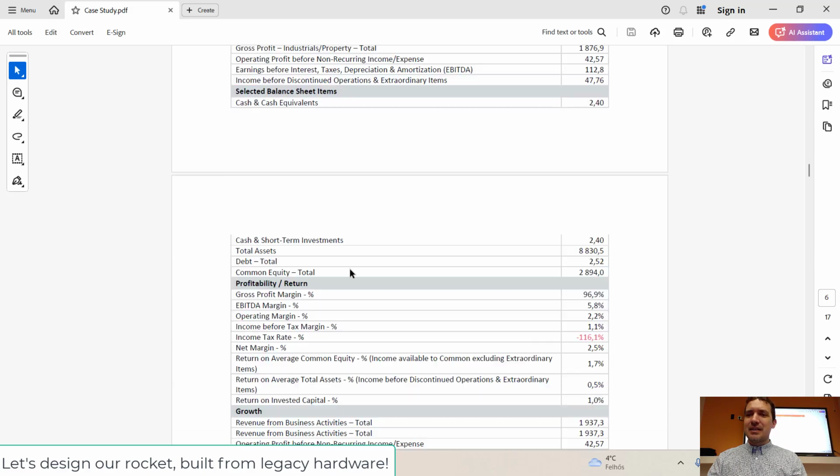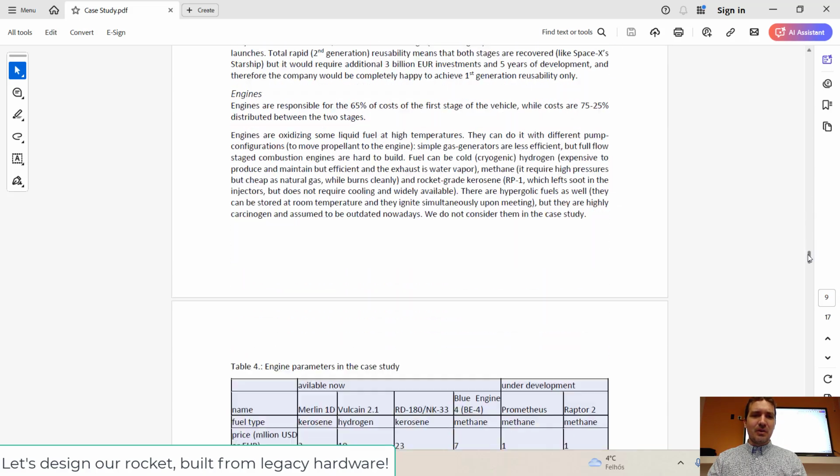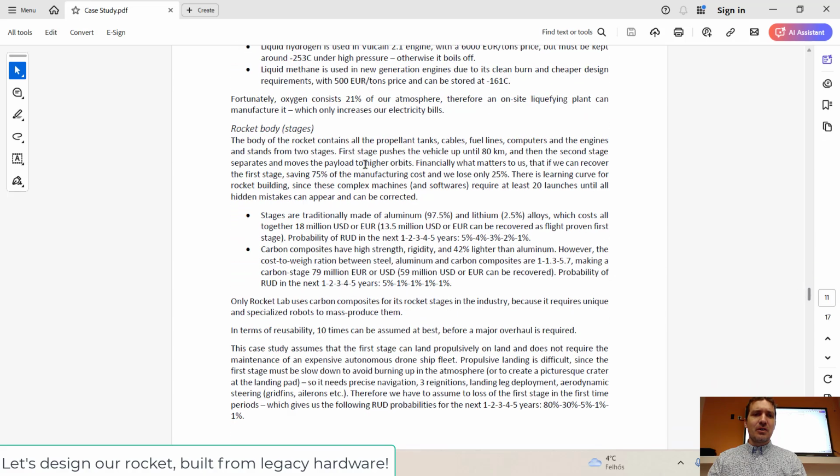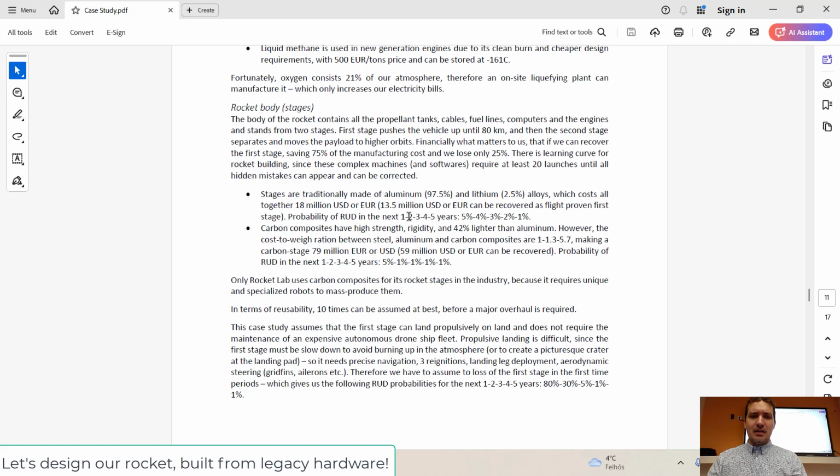Then let's get the data from the case study again, and not the fuel rocket body. And in this case, we can have the probability of RUD: 5%, 4%, 3%, 2%, 1%.